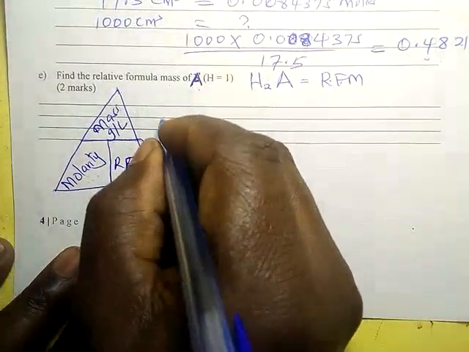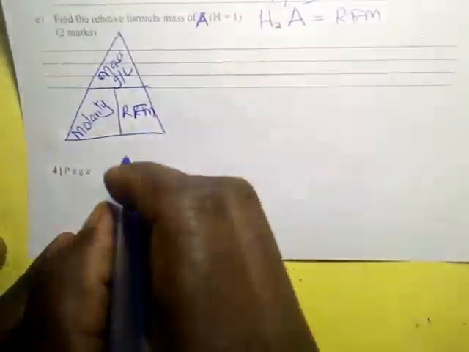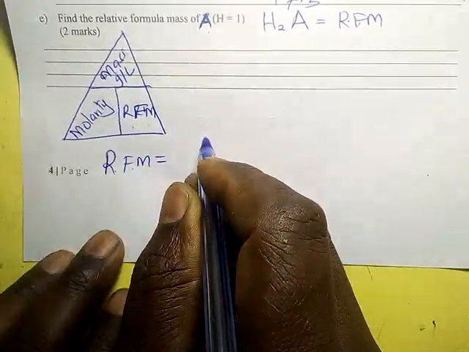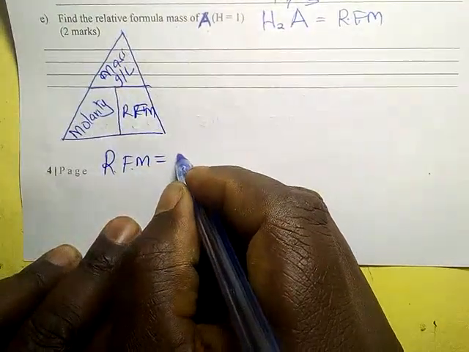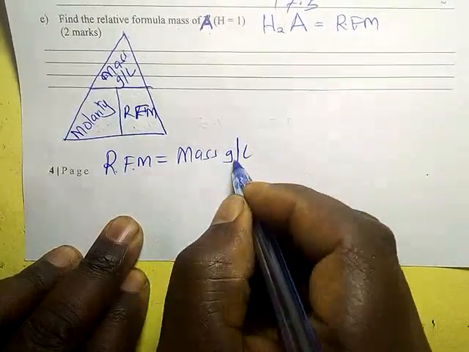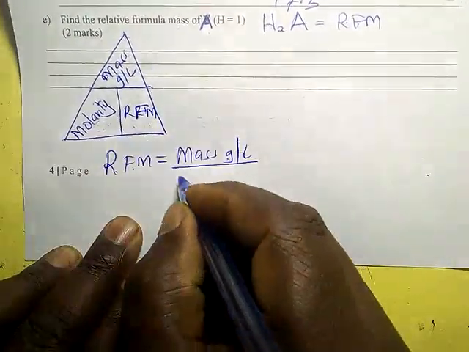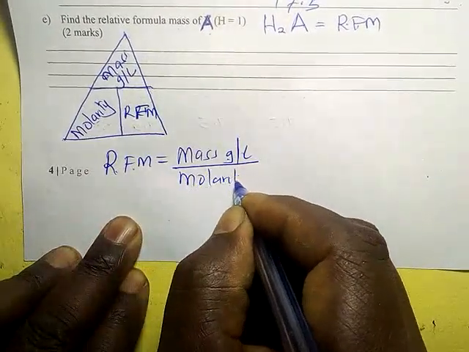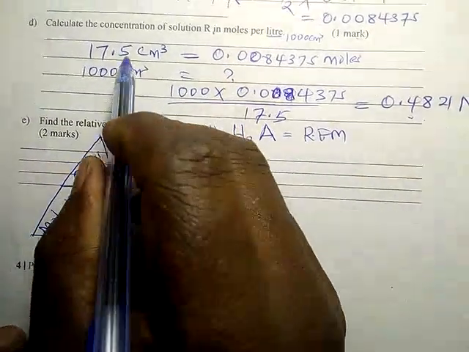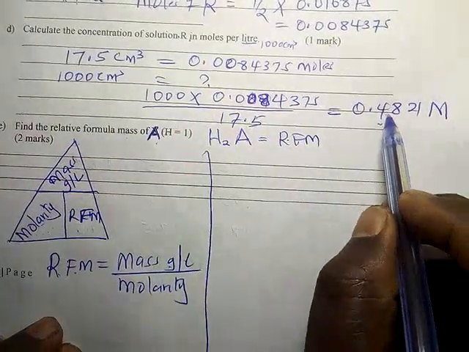Kwa hivyo sasa RFM, relative formula mass of this dibasic acid, equal to mass in grams per liter using this formula, divided by molarity. The molarity of this R is this.